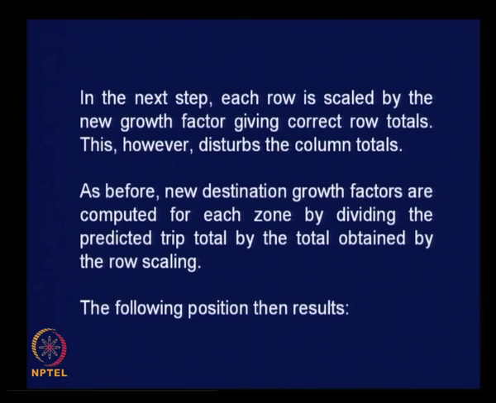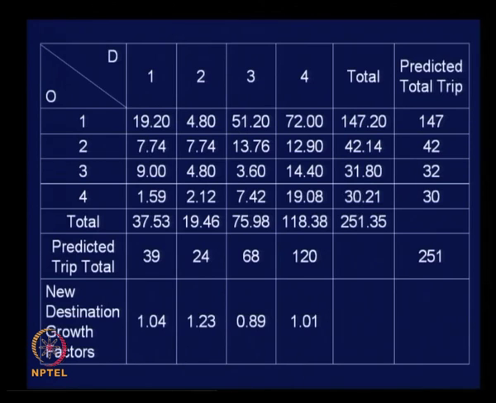And just to show you the result of this exercise, you can see the result here. After scaling up using the origin growth factor, you find that the calculated values of origins for each of the zones are shown here.